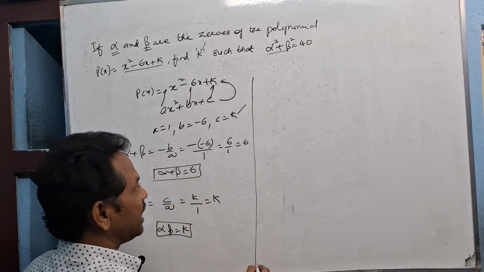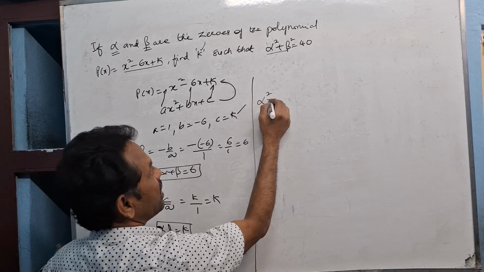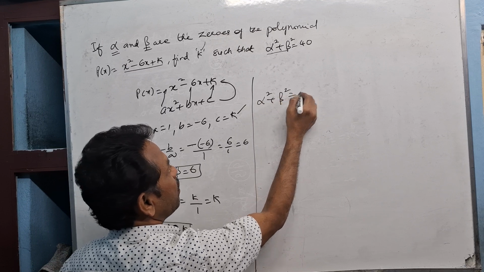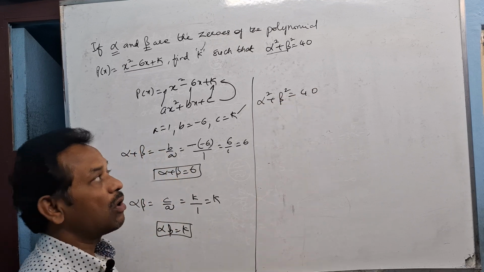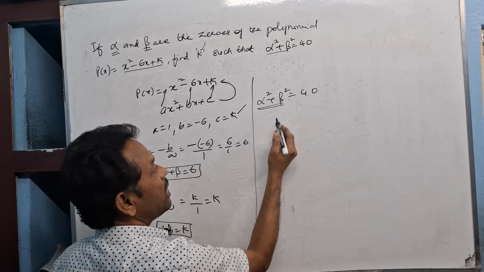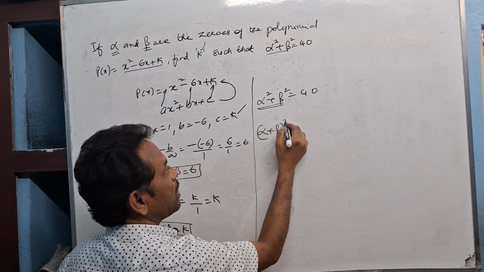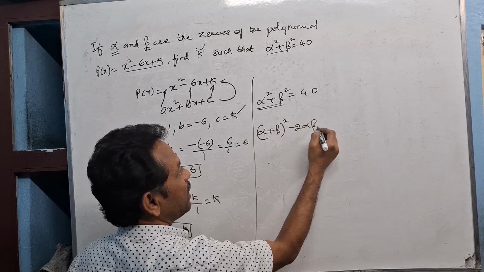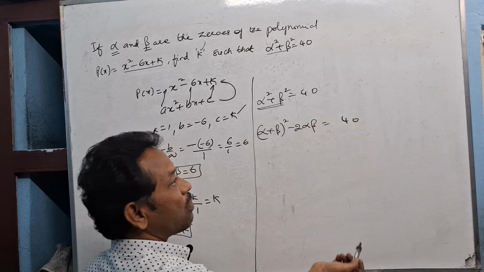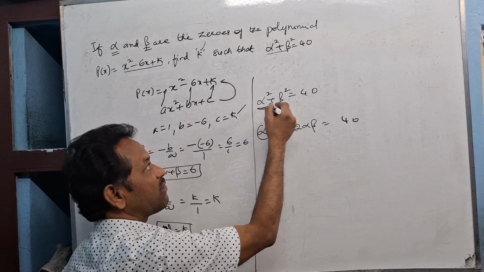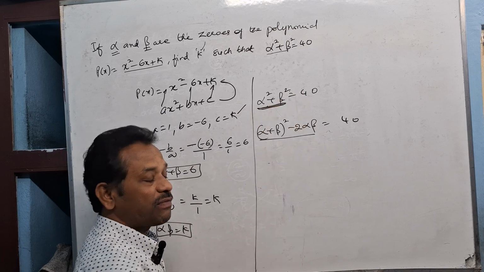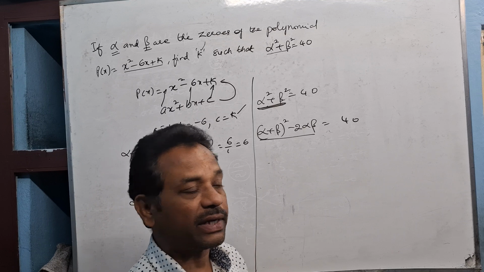Now the given condition is alpha² + beta² = 40. Alpha² + beta² can be written as (alpha + beta)² - 2 alpha beta = 40. So I'm writing alpha² + beta² as (alpha + beta)² - 2 alpha beta.